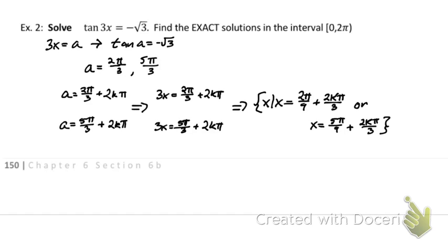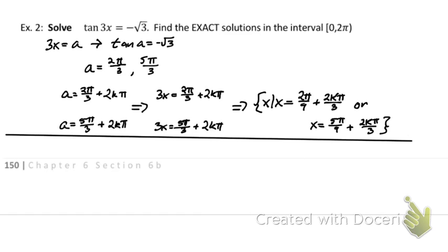Or, like Karina noted, we could have done this. The simplified version would have been, so this would probably be the easier version. We could have recognized that 3x could also equal 2 pi over 3 plus k times pi. So they're right across from each other.